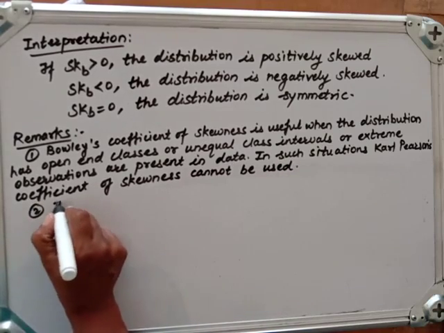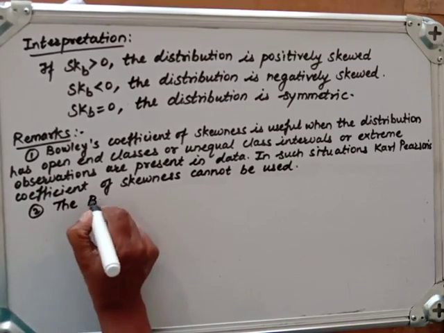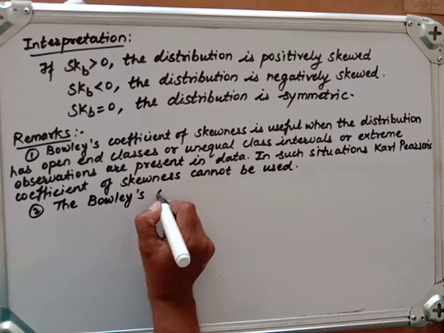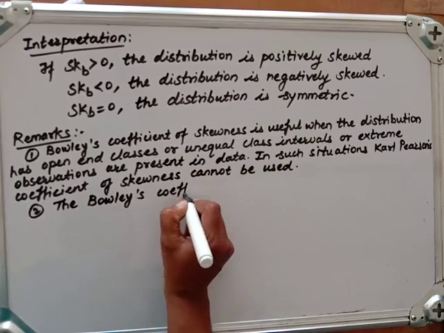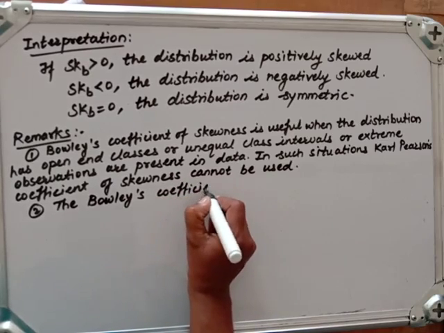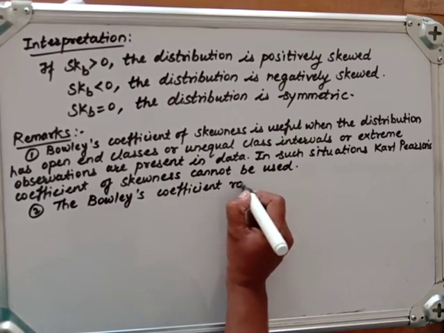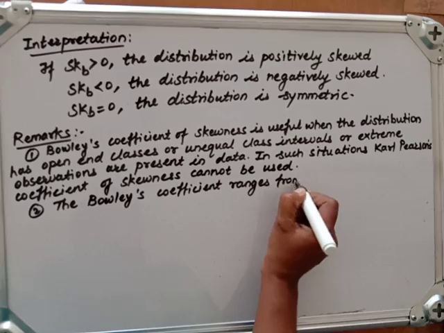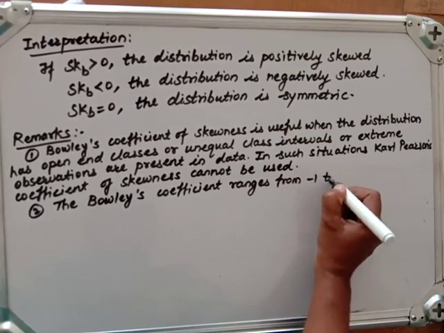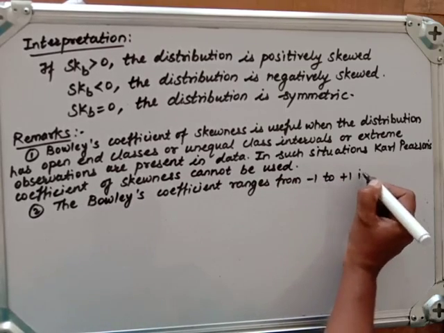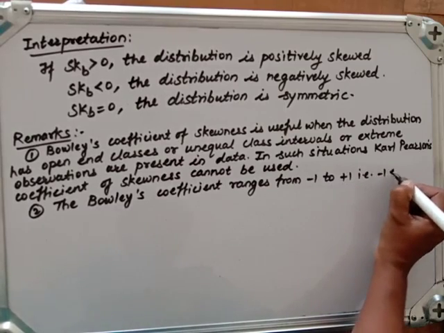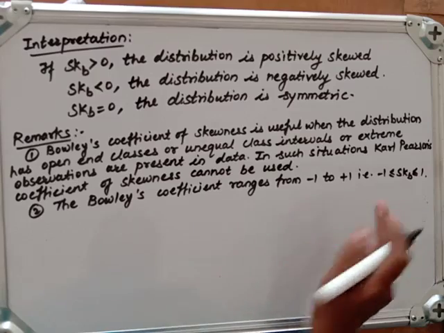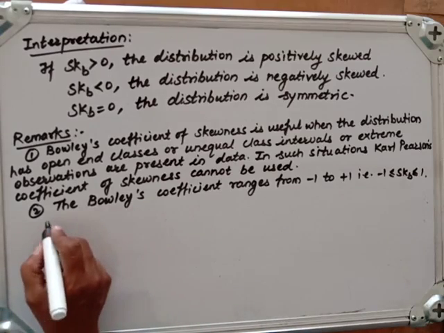Now second, Bowley's coefficient ranges from -1 to +1. That is, -1 less than or equal to SKB less than or equal to 1, just like Karl Pearson's coefficient of skewness.